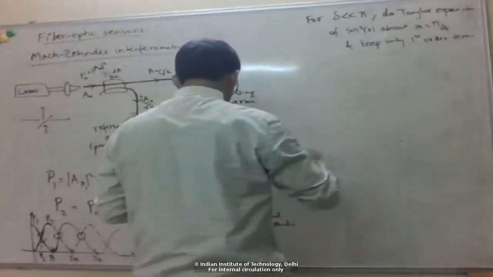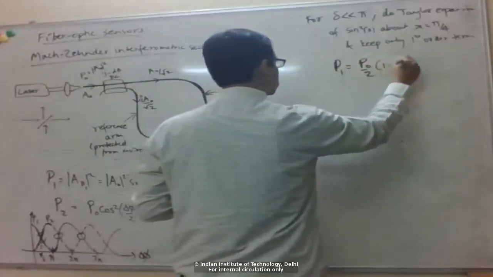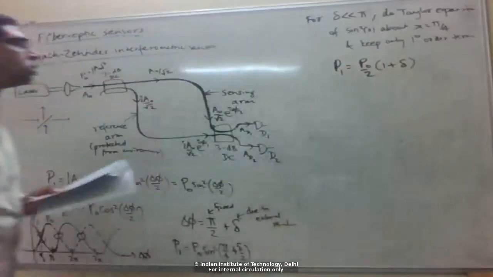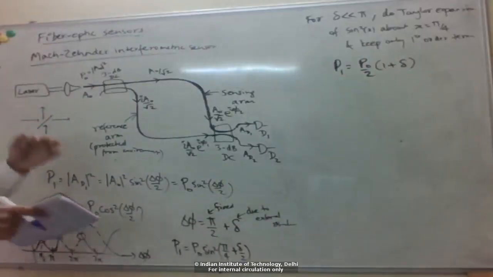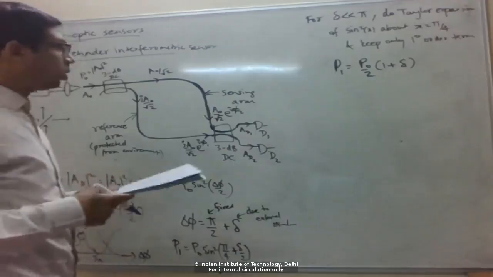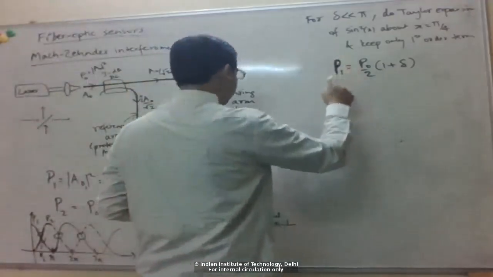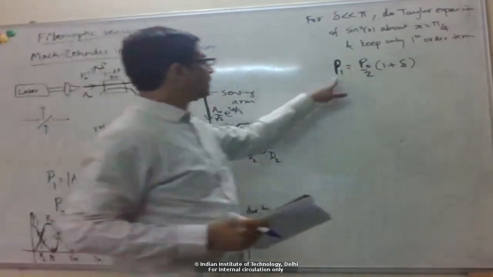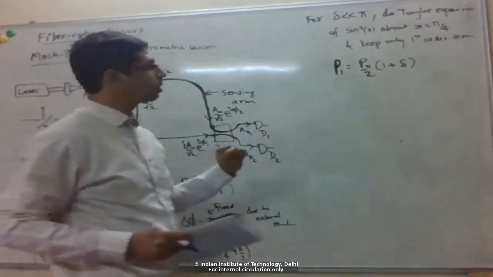So if you do a Taylor expansion and just keep the first term, okay, now you can see basically the power detected here is linear with the phase change due to the external impact.